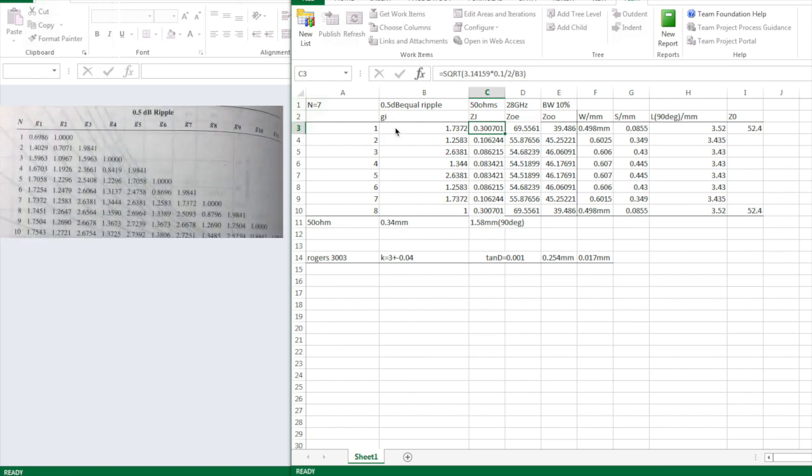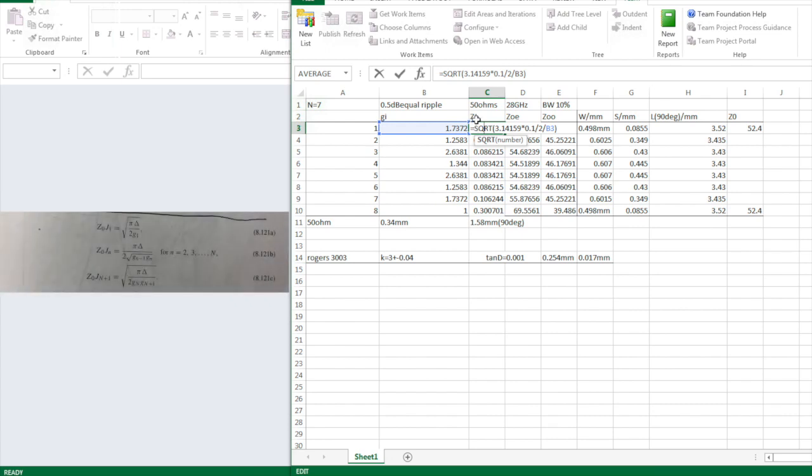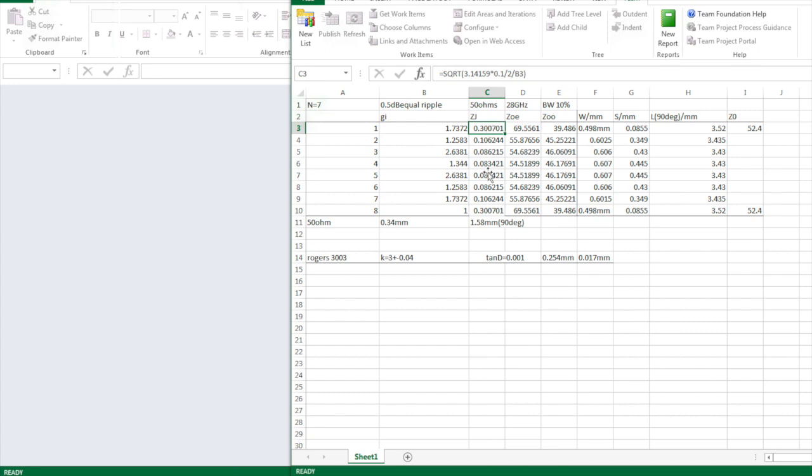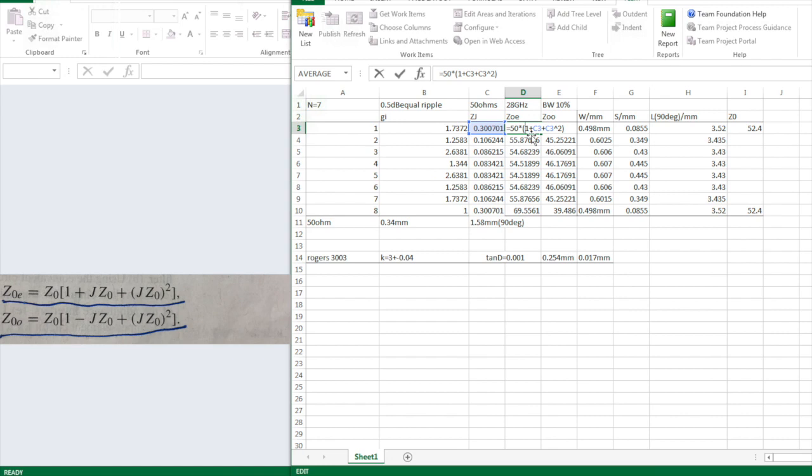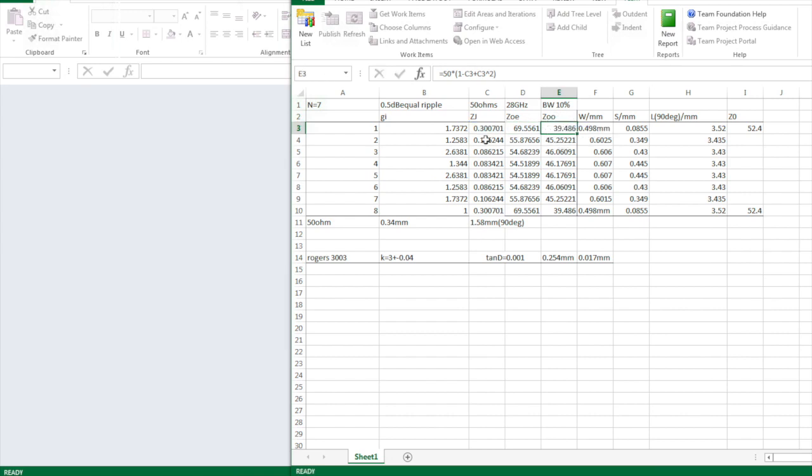As shown here, we copied the g values, and this is Z0 times J. Based on the first set of equations, we can find all the values here, and then we can use this set of values to calculate the impedance of the coplanar waveguide when it works at even modes. Also, we can find the value when it works at odd modes. And now we have these basic values for the coplanar waveguide.